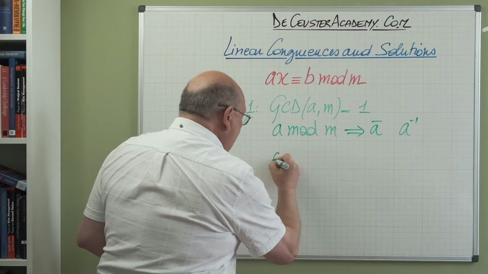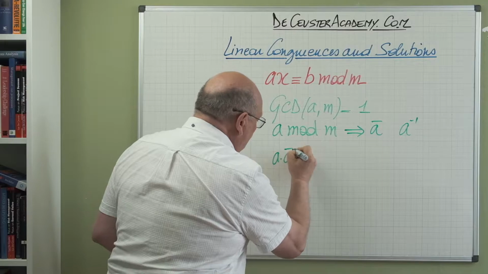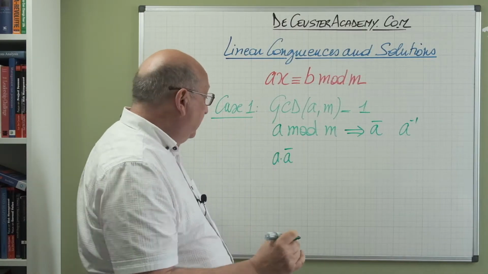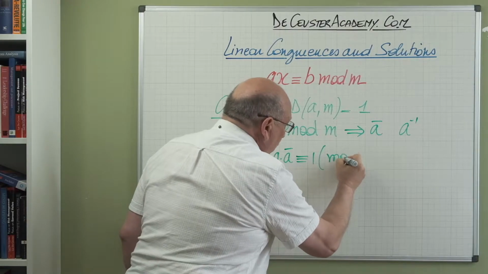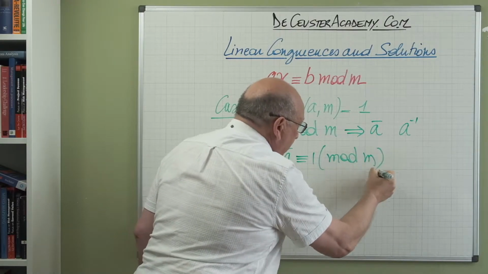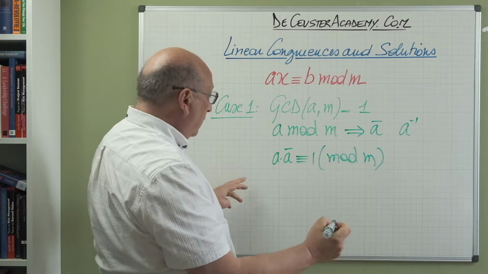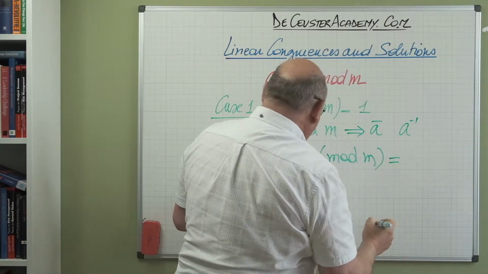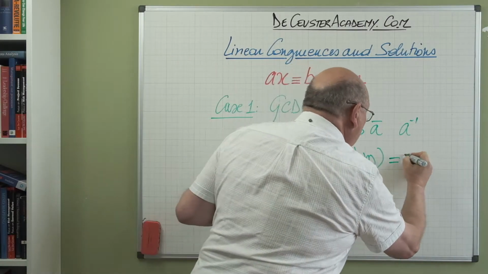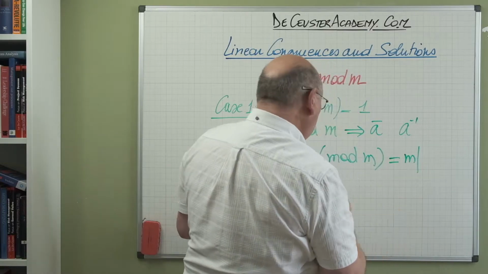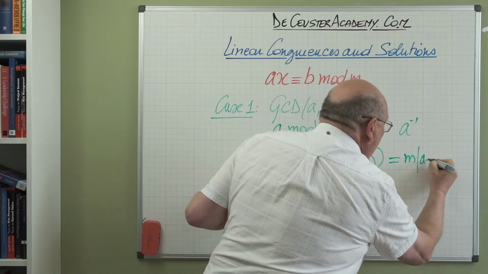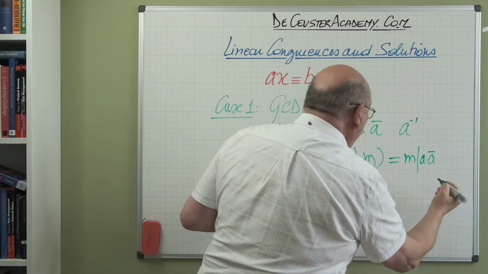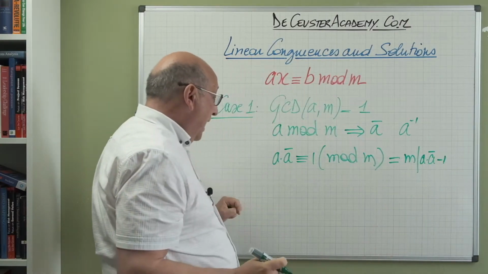It means that A times A inverse is congruent to 1 modulus M. Or this also means that M divides A times A inverse minus 1.